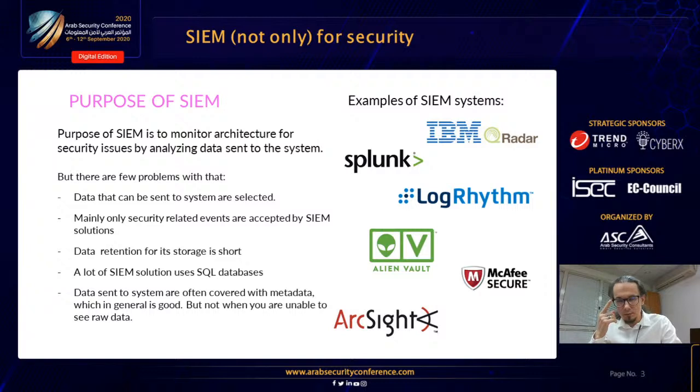The first one is that the data sent to the system can only be from selected sources. The manufacturer of the SIEM creates a list of sources that are supported for that SIEM solution.